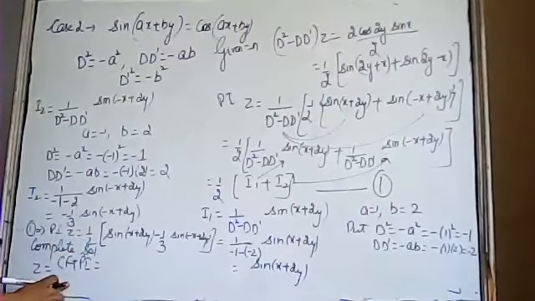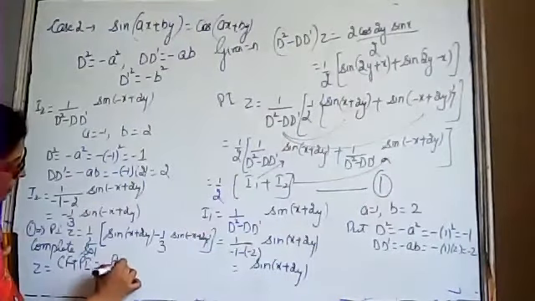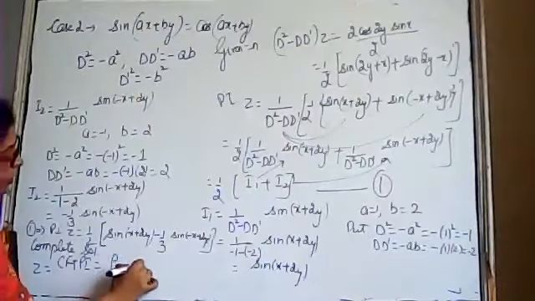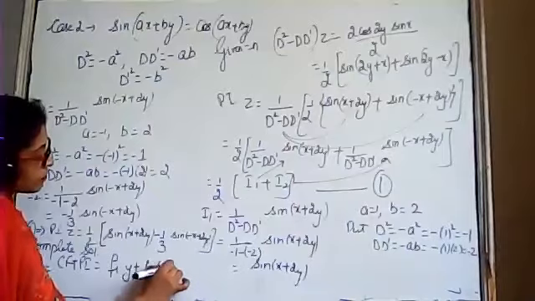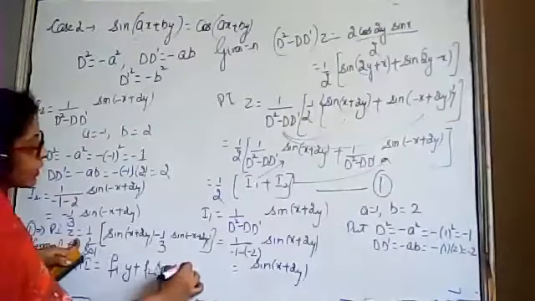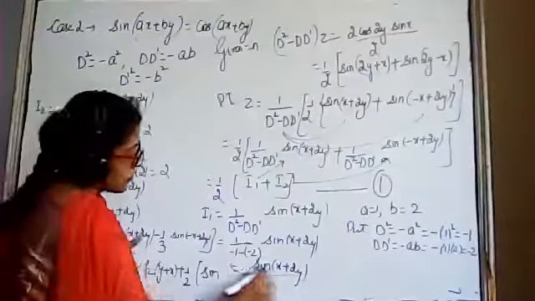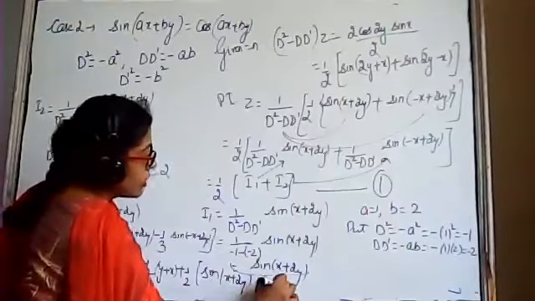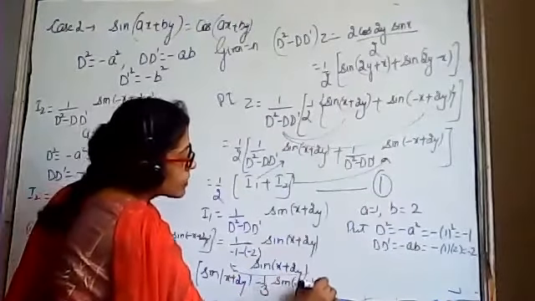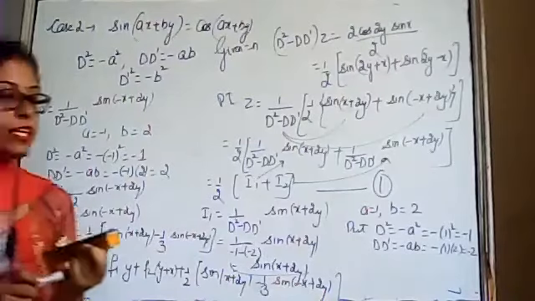And complementary function क्या था भाई? This is f1(y) plus f2(y plus x) plus particular integral. This is 1/2 sine of (x plus 2y) minus 1/3 sine of (minus x plus 2y). So this is our required complete solution.